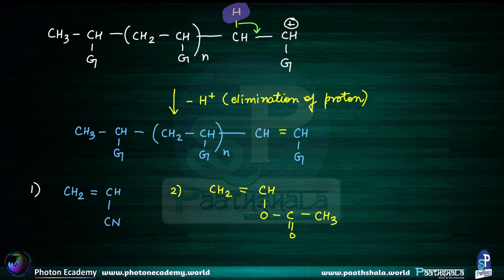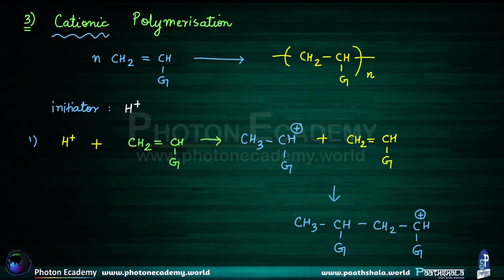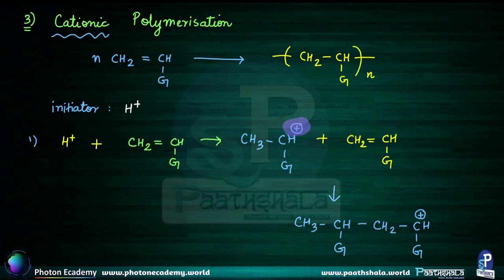Since the intermediate that we obtained was a carbocation, as you can see here, the positive charge is attached over to this group, so this group will directly affect this particular intermediate which is a carbocation.